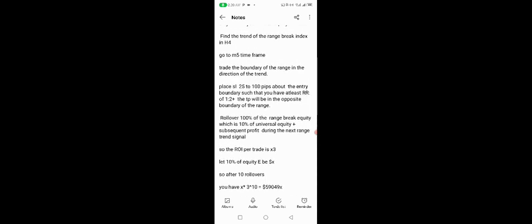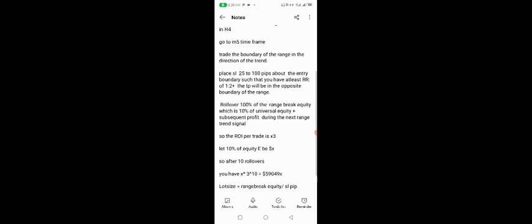Place SL 25 to 100 pips above the entry boundary such that you have at least a risk-reward of 1 to 2 plus. The TP will be at the opposite boundary of the range. Roll over 100% of the range break equity, which is 10% of your universal equity. To make this realistic as a trader, you must have at least $1,000 plus in your trading account, so that 10% of this is $100.